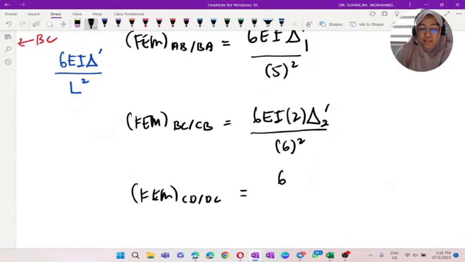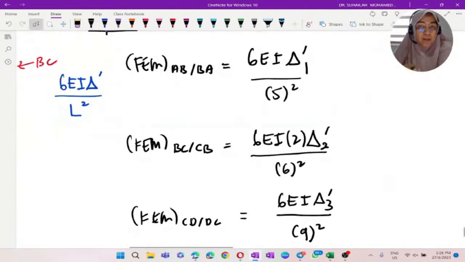It is 6EI. CD is member number 3, so here we use delta 3 prime. L is 9 squared. So these are the 3 FEM formulas for the frame: member AB, member BC, and member CD.